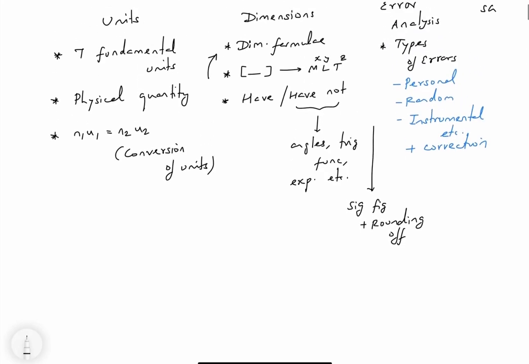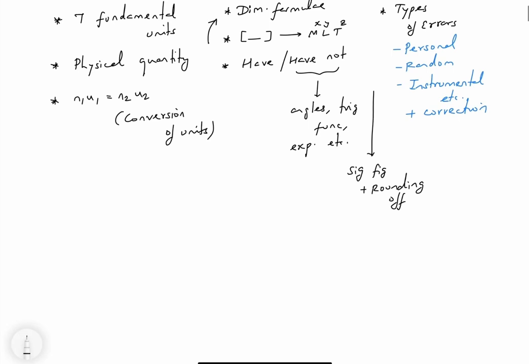So there are certain rules to count how many significant figures are there, and how to round off things based upon the operation which is given. Plus and minus will follow one rule, multiply and divide will follow another. This is least number of sig figs, least decimal places.